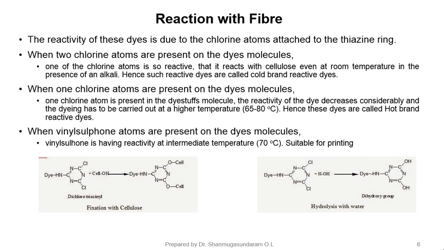So a part of the dye reacts with the hydroxyl group present in the water molecule. Those dyes become hydrolyzed dye. It won't further react with the fiber. These dyes are called hydrolyzed dye. These dyes simply deposit on the surface of the material, which leads to poor rubbing fastness of the material.